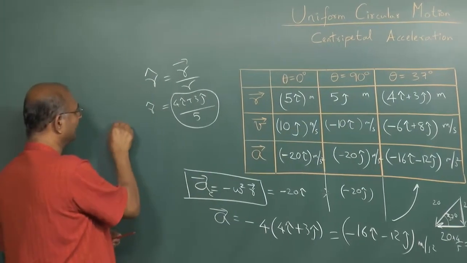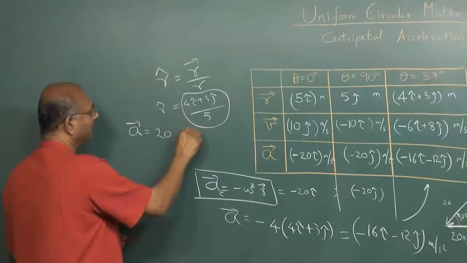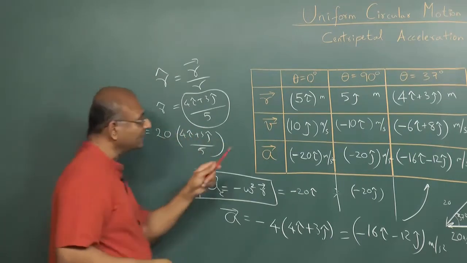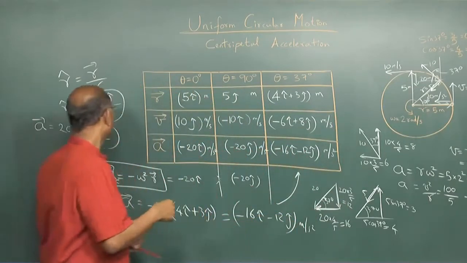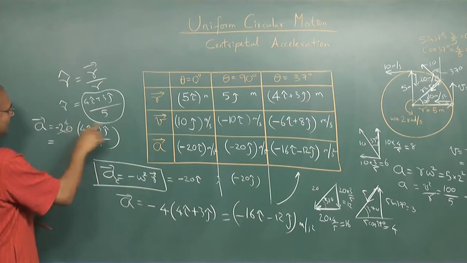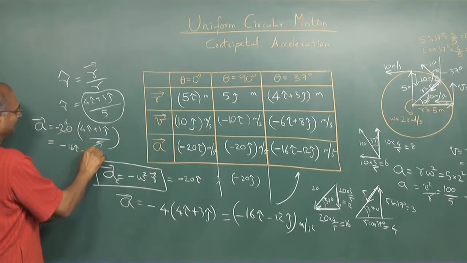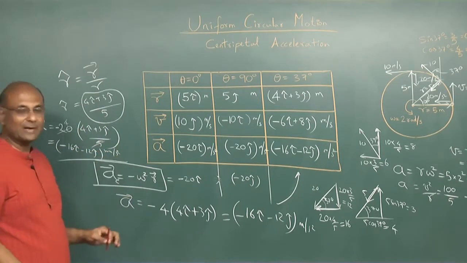So therefore acceleration vector is 20 times 4i cap plus 3j cap by 5. But this is the direction vector like this. We want it in this direction, so we'll put a minus sign. So if I did that, this is 4. So therefore you can cancel it out and get minus 16i cap minus 12j cap meters per second square. So many different ways of calculating that.